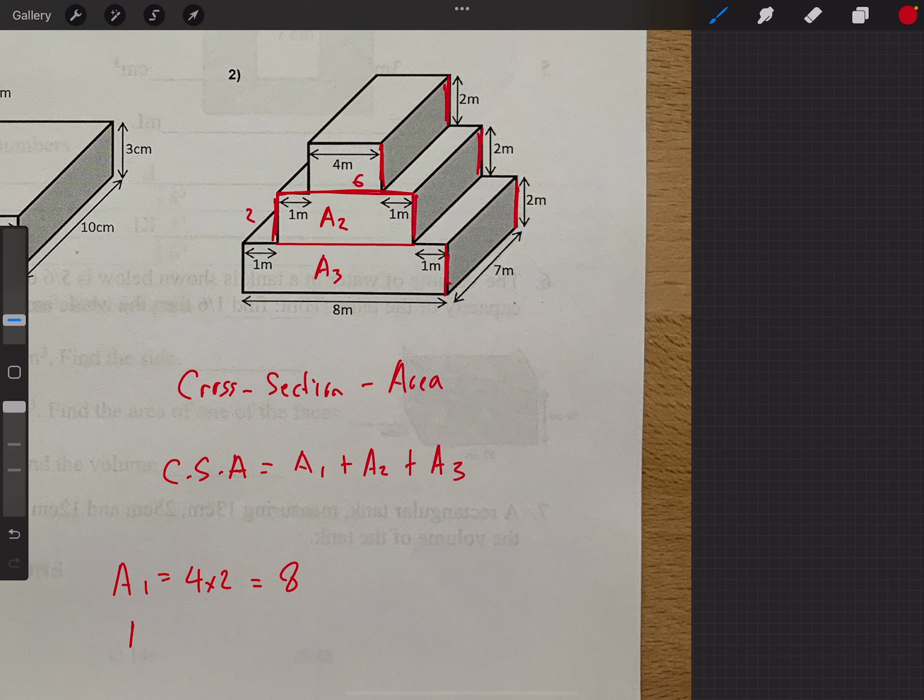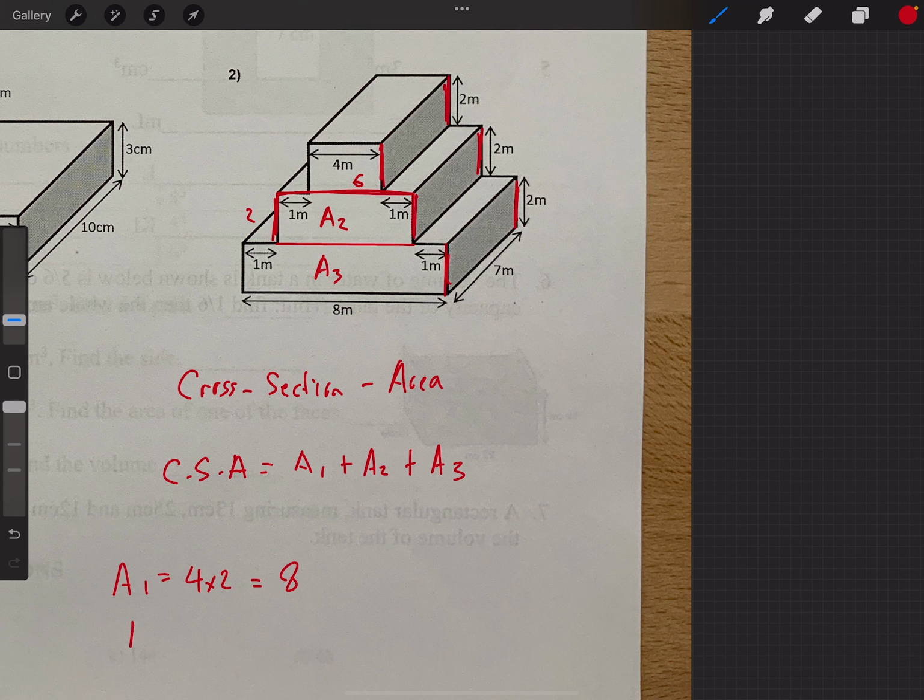So the cross-section area times 7, here's the cross-section area, 36, so it'll be 36 times 7. Let me work that out real quick.